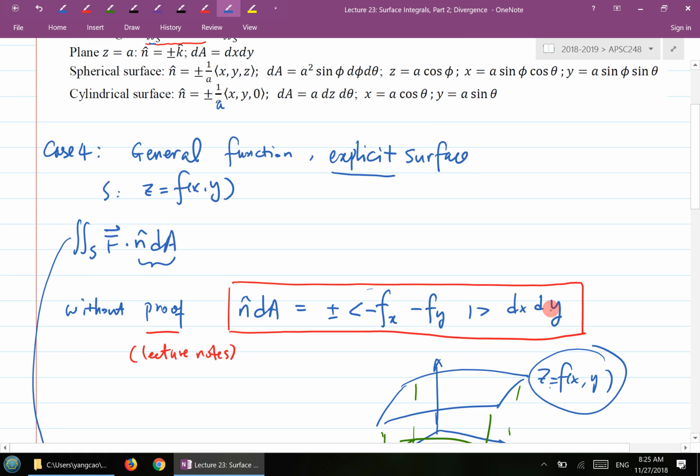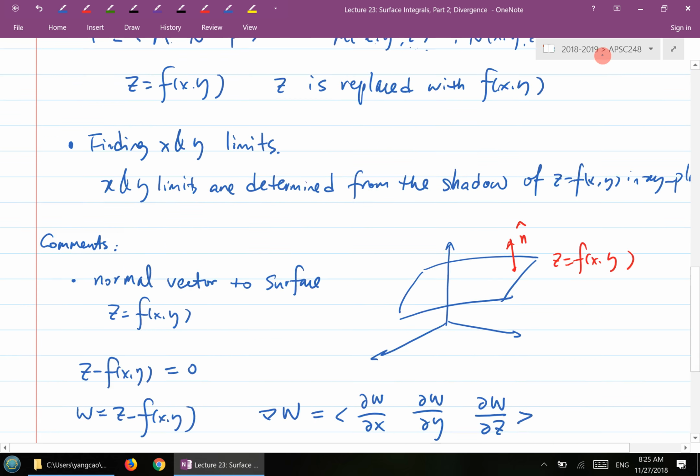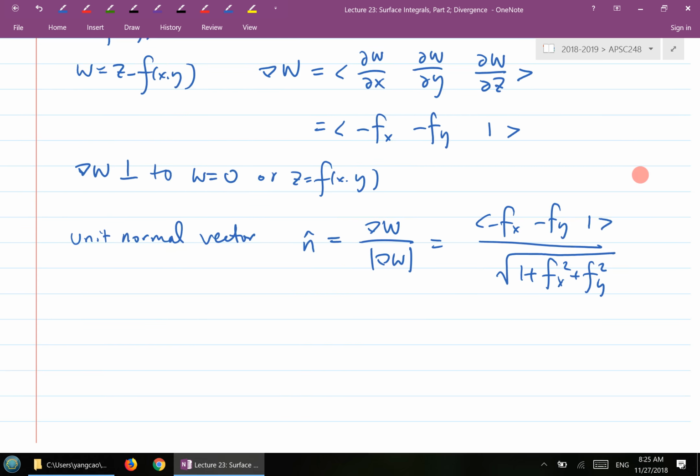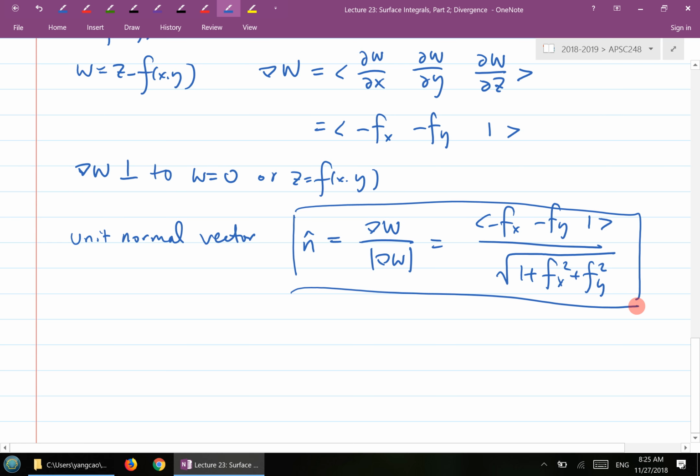What I gave you now is what n hat is. That makes sense, right? So you have your n hat dA, which is negative fx, negative fy, 1, and then dx dy, or dA.